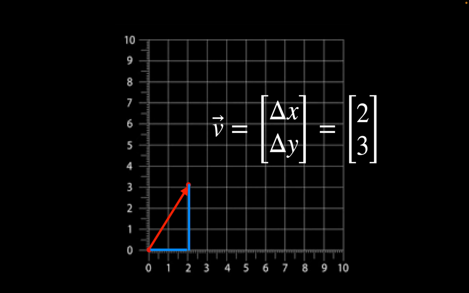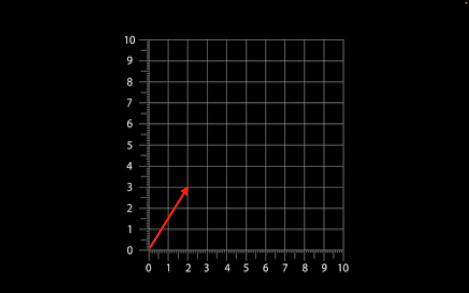So our vector, if we think of the first component as the change in x, how much we've changed along the x-axis, and our second component is how much we've changed along the y-axis, if we use this representation, our red vector here would be the vector 2, 3. It represents a change of 2 along the x-axis and a change of 3 along the y-axis. What's important to note about vectors when we visualize them, since they represent change, is that it doesn't matter where we position the vector.